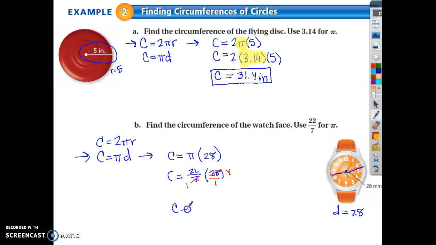So C is equal to 22 times 4, which is 88. My denominator is 1 times 1, which is 1. So C is equal to 88 millimeters. Or the distance around the outside of this circle, all the way around, is a distance of 88 millimeters.